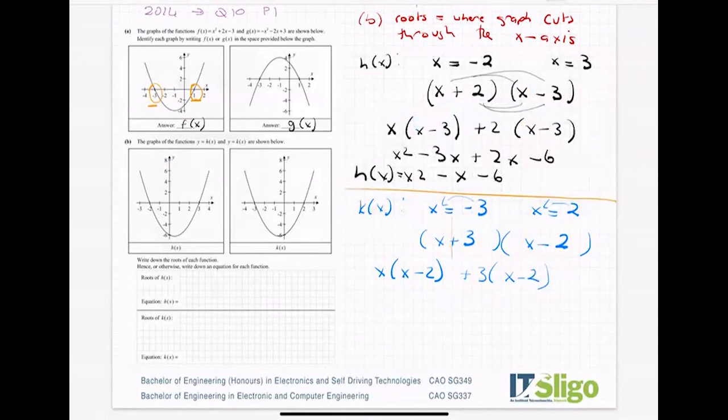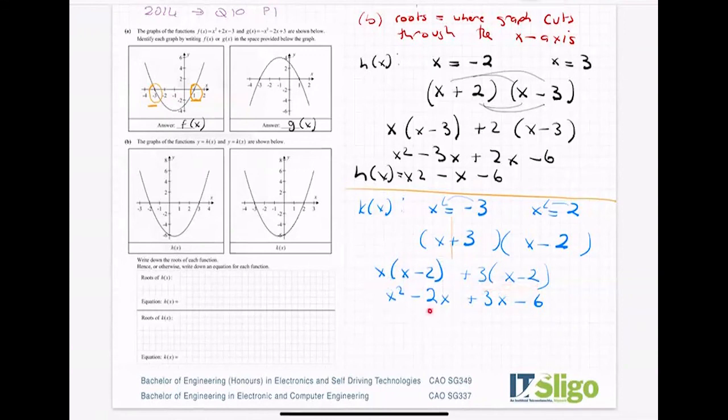Okay, so then x by x, x squared, x by -2, minus 2x, plus 3 by x, plus 3x, plus 3 by -2 is -6. I know I'm finished multiplying by this x once the bracket closes. So I multiply everything from once the bracket opens till once the bracket closes by what's on the outside. Same with the 3. Both of these is multiplied by the 3.